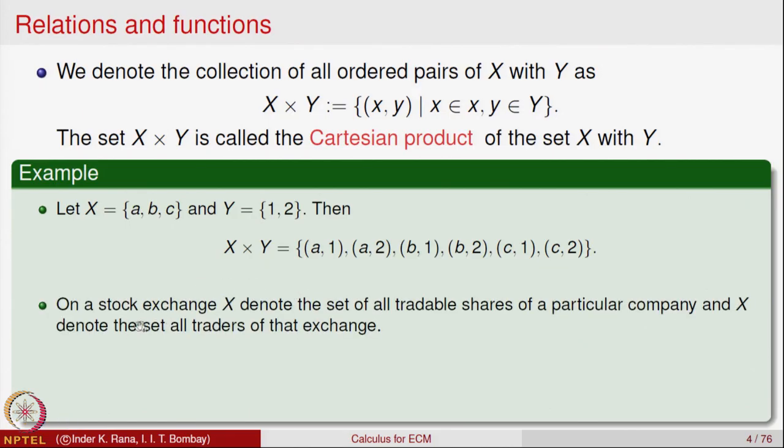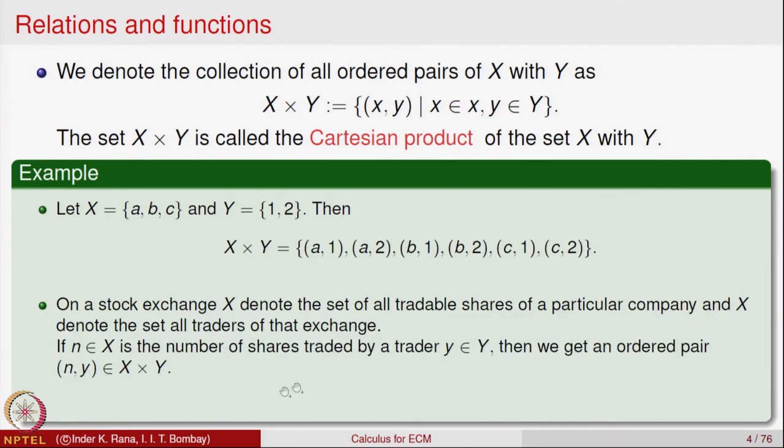For example, in our example of the stock exchange, let X denote the set of all tradable shares of a particular company, and let us call the set of traders Y. Actually, let us change this: X denotes the set of all tradable shares of the company, and Y denotes the set of all traders of that exchange.